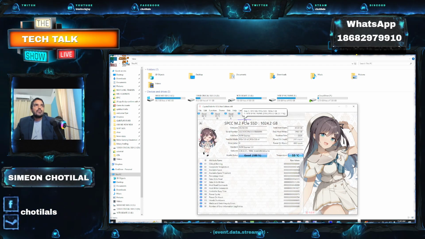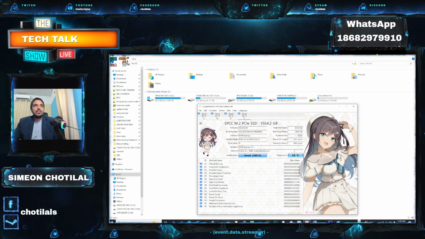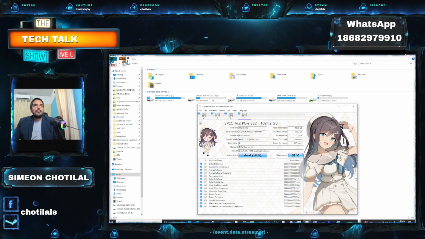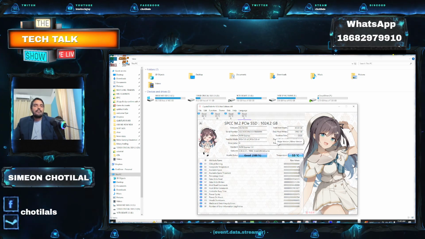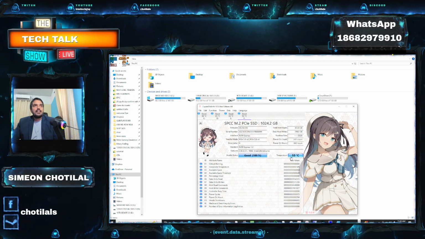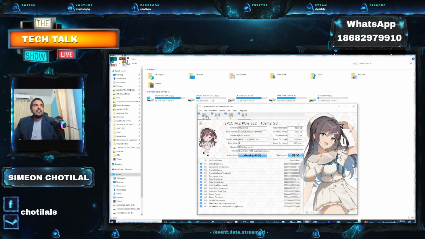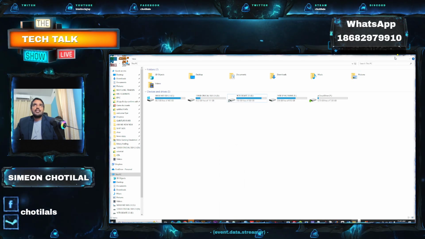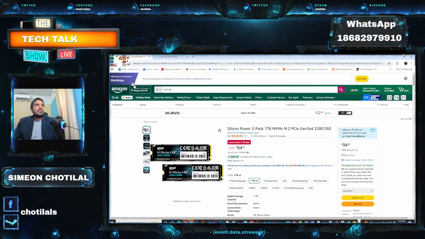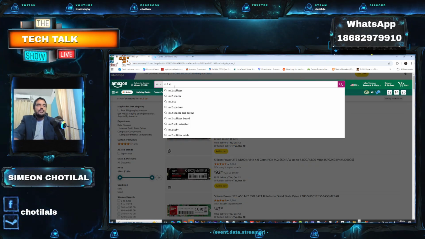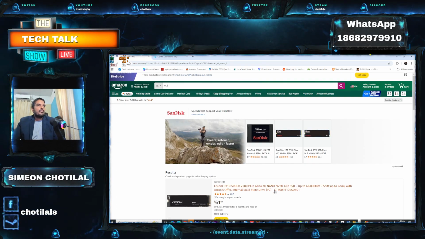But check this out, on the M.2 you would notice my temps is above 50, because one of the reasons, if you could get a M.2 with a heat sink, that'll be good, guys. You know, that'll be good, having an option with a heat sink. I think the WD on the M.2 gives you the option to buy with a heat sink.